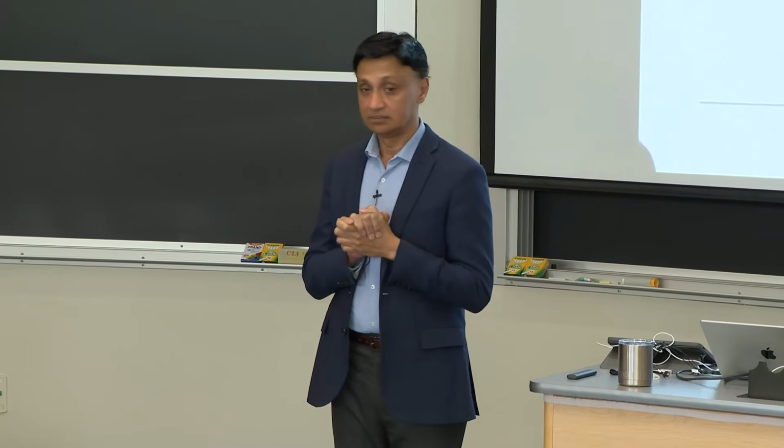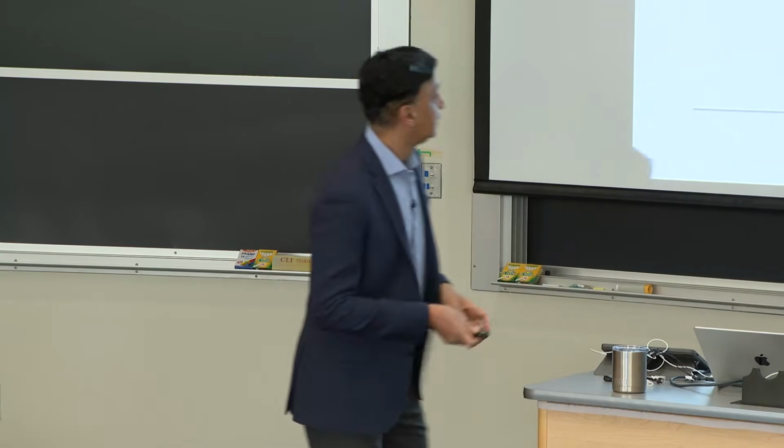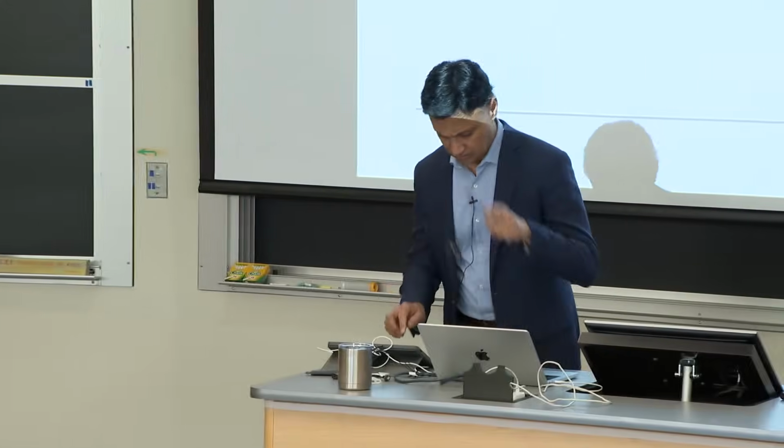Convert it into a vector. Exactly. And that's called flattening. So we take this table of numbers and we flatten it into a vector. So we have 28 by 28.